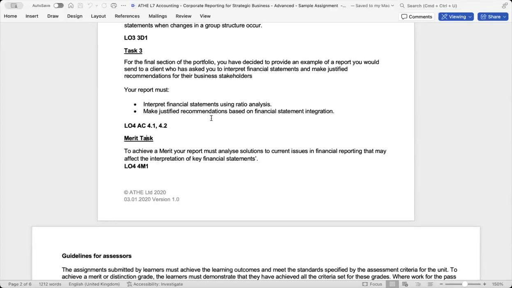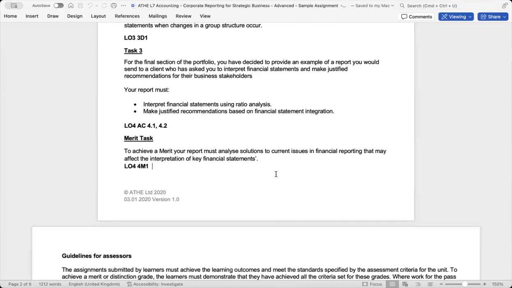Again, to achieve a merit, your report must analyze solutions to current issues in financial reporting that may affect the interpretation of key financial statements. Discuss issues such as accounting policy changes, developments in sustainability reporting, and materiality.